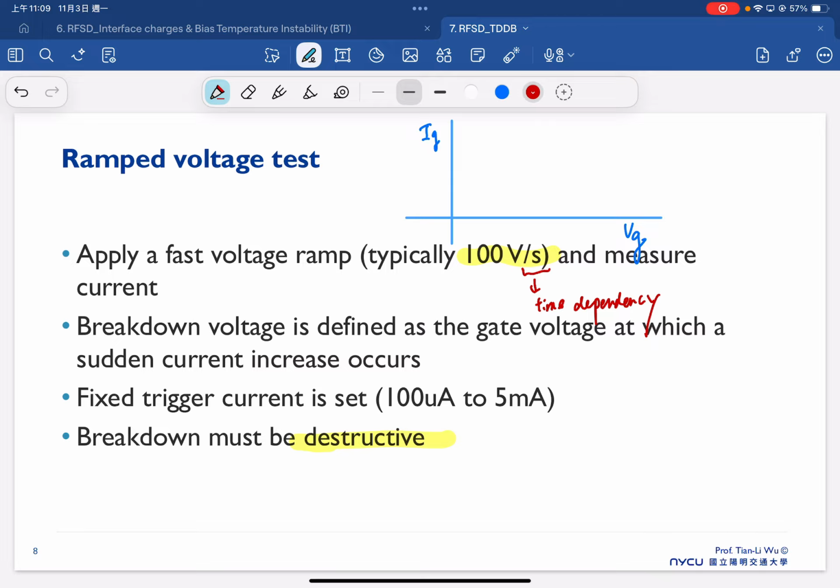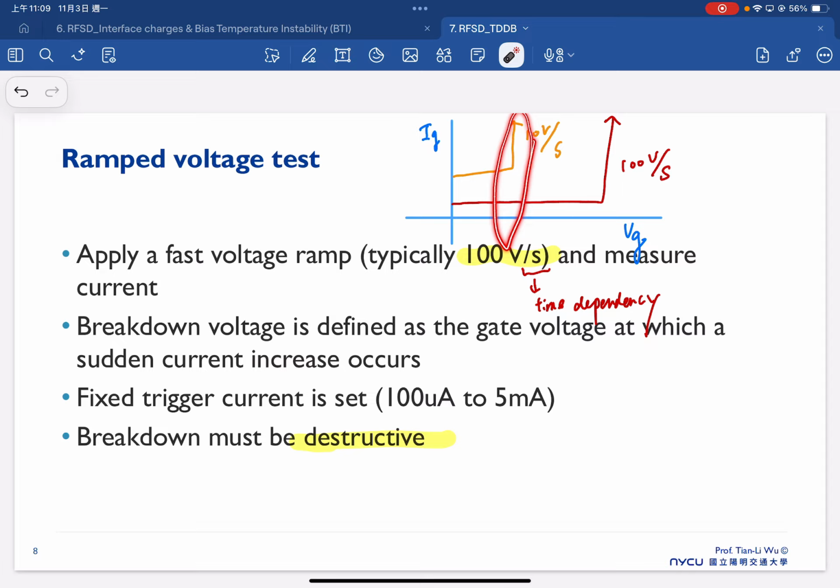If you measure very fast, you get the breakdown. This is 100 volt per second. But if you measure at a slower rate, for example, 10 volt per second, then you will see two different breakdown voltages here, where this one is lower and this one is higher, and this is because of the time-dependent effect.